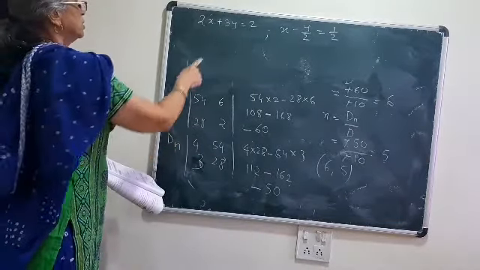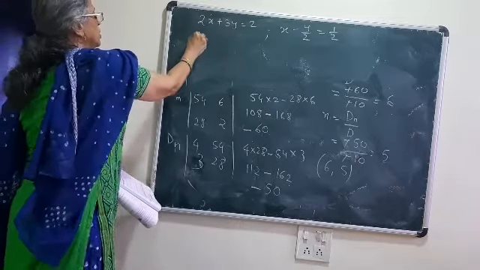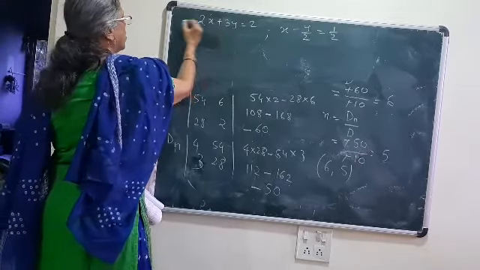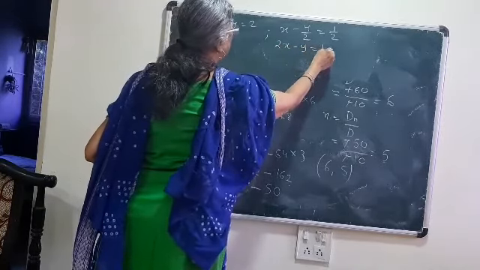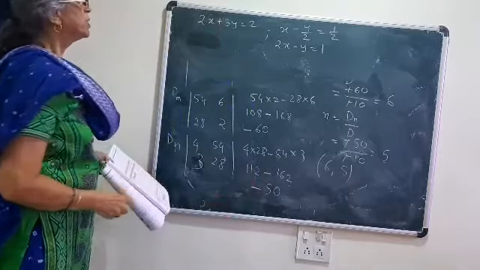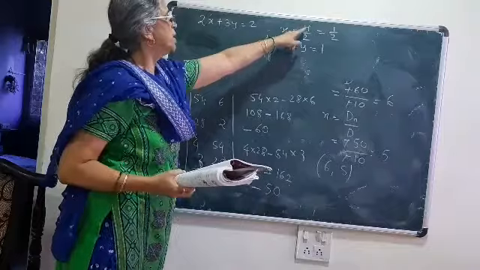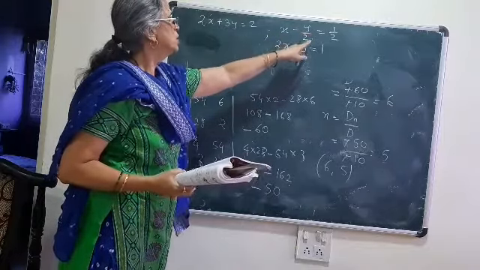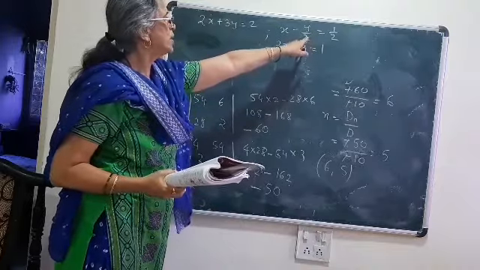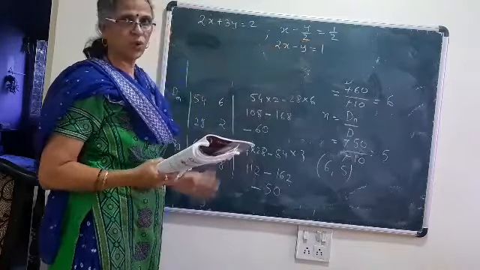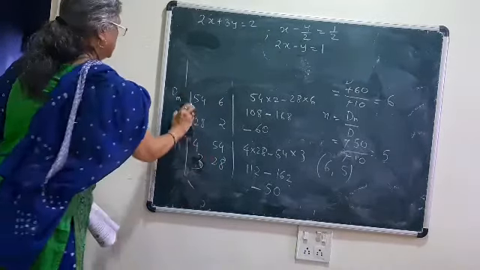So here we can remove this fraction by multiplying the whole equation by 2, and we can have that in the standard form as 2x minus y is equal to 1. Because when we multiply x by 2, we have 2x. When we multiply minus y by 2 by 2, then the 2s get cancelled, we have minus y. And when we multiply half by 2, the 2s get cancelled, you will get 1. Followed?